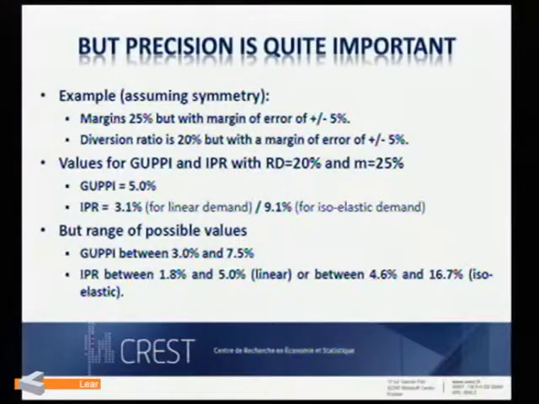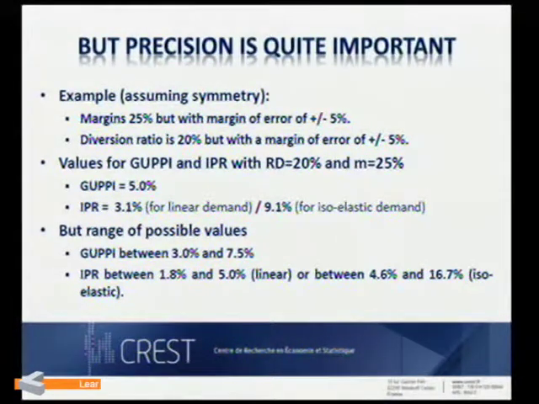Just that can already give you results that vary from price increases anticipated through IPR of less than 2% using linear demands, up to 17% using isoelastic. So even if you use the same values, you can more or less multiply by 3 your anticipated price effect just by having relatively small mistakes on your predicted margins or diversion ratios.